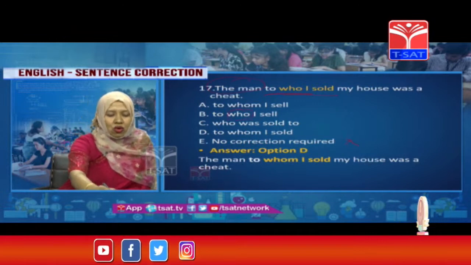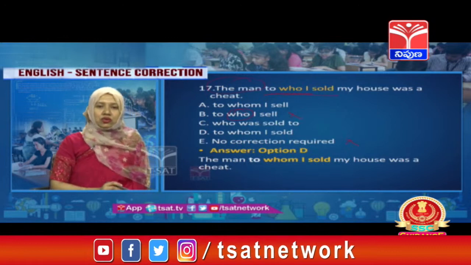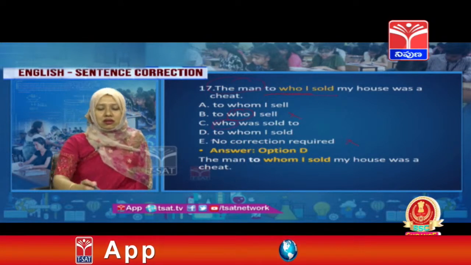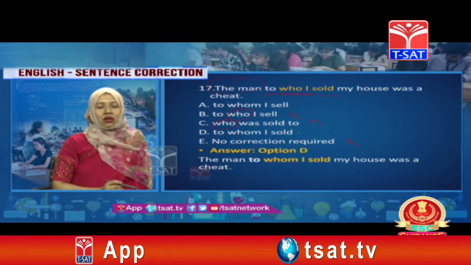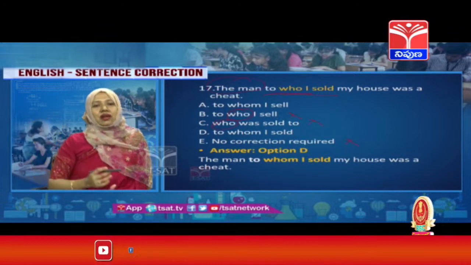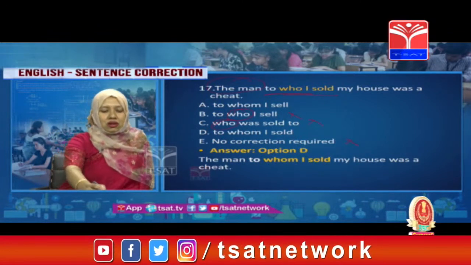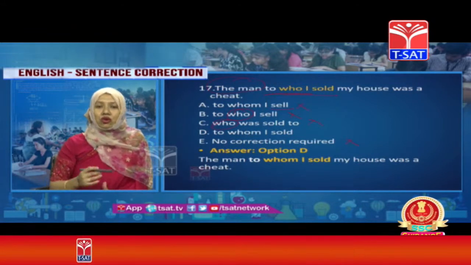Now who is wrong? We have just now come to a conclusion who is wrong. Here in option B, who is used, who is eliminated. Again in option C, who is there, this also is eliminated. Now we are left with to. You are talking about something you did in the past. You sold the house. To whom I sell, you cannot say, you cannot talk about present tense.